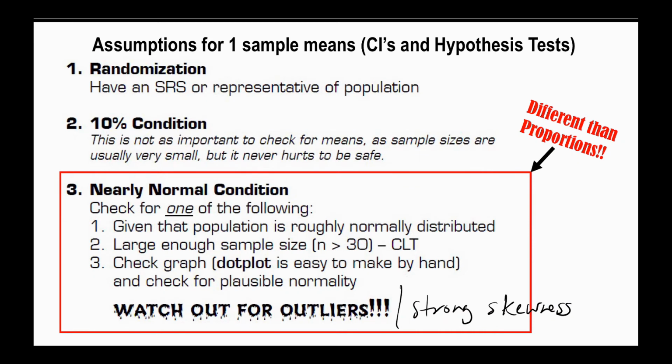It would be like a test where almost everyone scored terribly except for 1 or 2 students. If it's skewed left, it would mean the opposite: almost everyone got a 100% on the test except for a few students who failed. That's what strong skewness means.